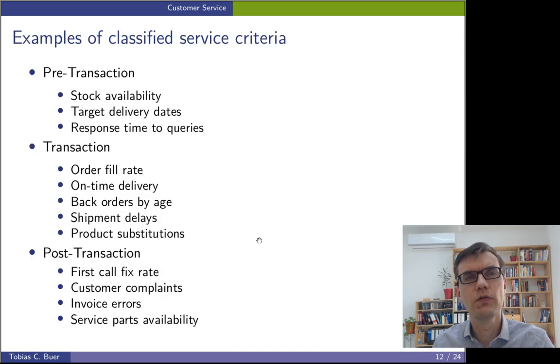And I would like to move on to the next slide, where I give you some examples of services classified in the three dimensions. So before the transaction, one part of service is the availability of stock. How many units of our product are actually in the inventory?